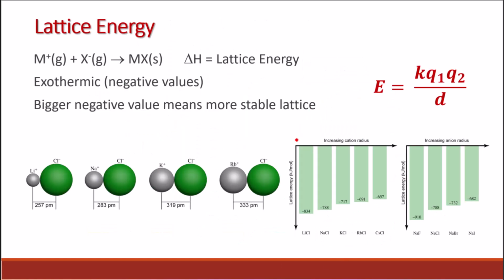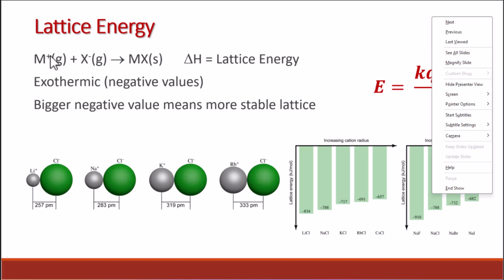Lattice energy depends on two things: the charges of the ions in question, and the larger the charge, the larger the lattice energy, divided by the distance between the ions. So really small, highly charged ions will have greater lattice energy.